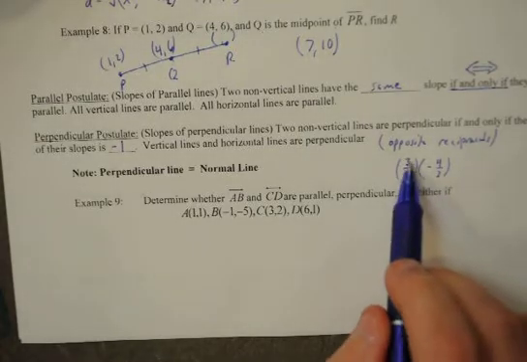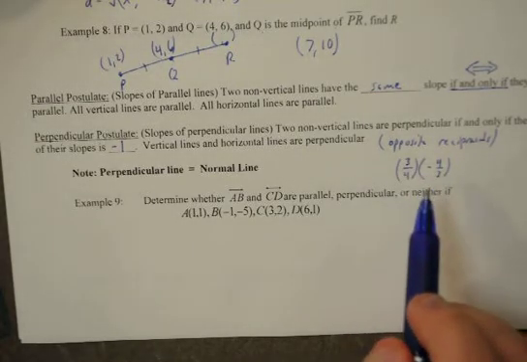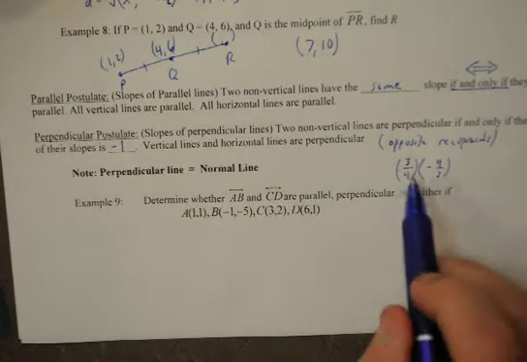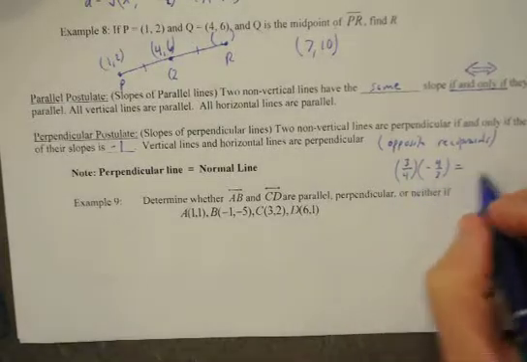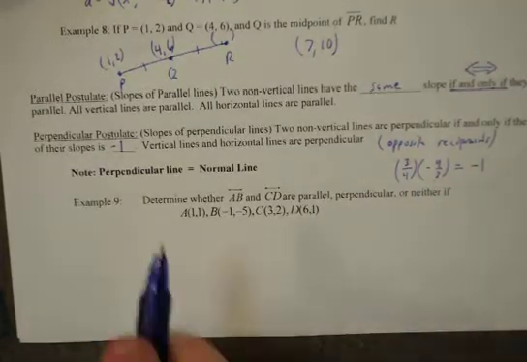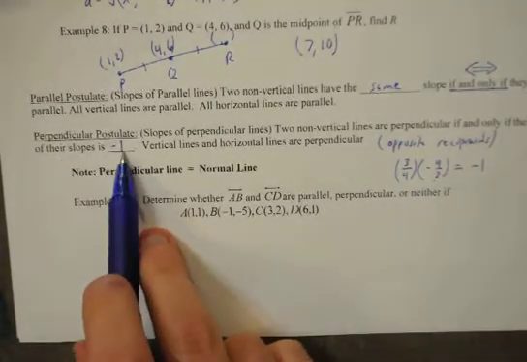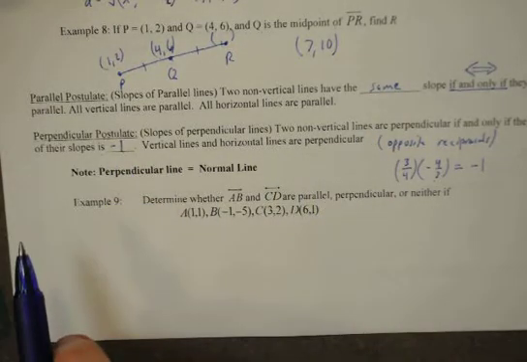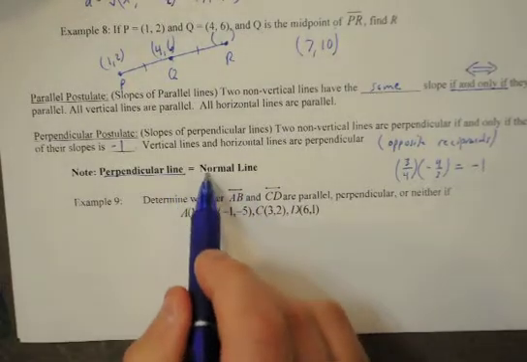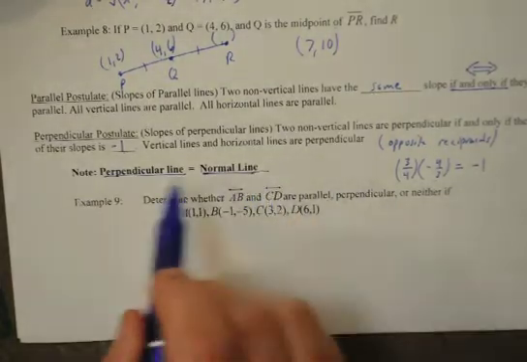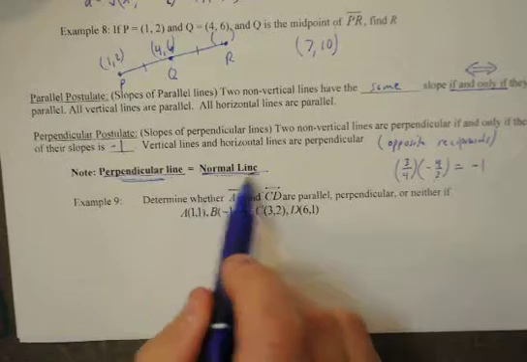They're opposite, this one's positive, this one's negative, and they are reciprocals. This is 3/4, this is 4/3. And if you multiply those together, you get -1. So if the product of their slopes is -1, then they're perpendicular. Another name for perpendicular in British terms is normal line. So perpendicular line means normal line.